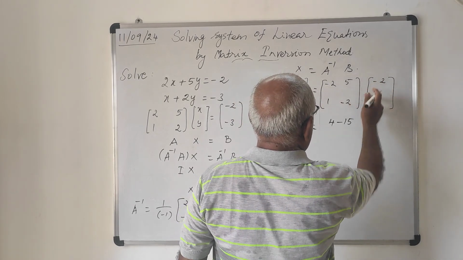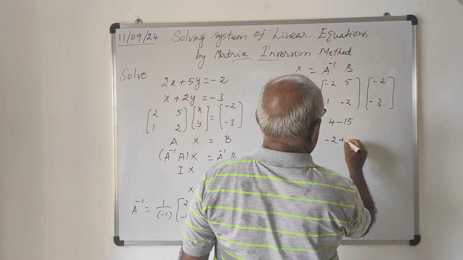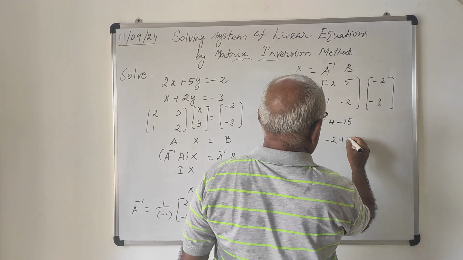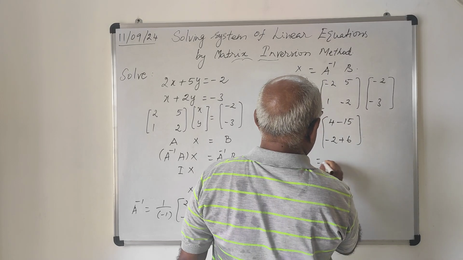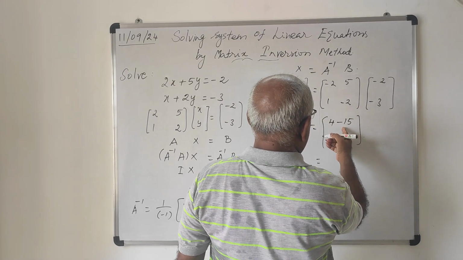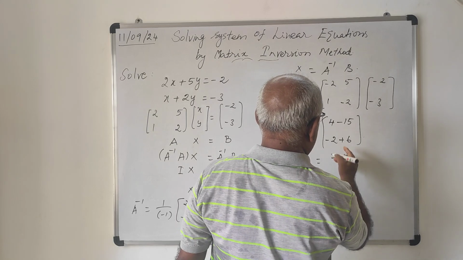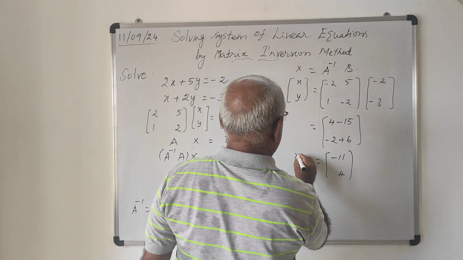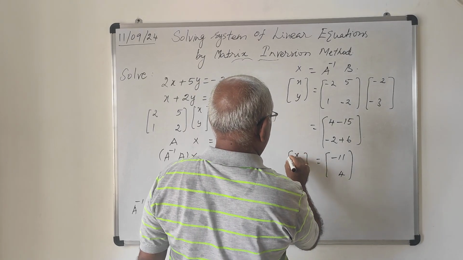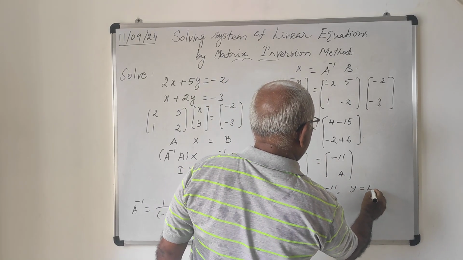Second row: 1 into minus 2 is minus 2, and minus 2 into minus 3 is plus 6. So 4 minus 15 is minus 11, and minus 2 plus 6 is 4. X equal to minus 11 and y equal to 4.